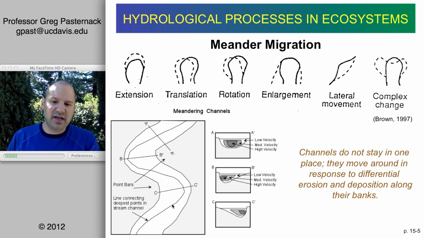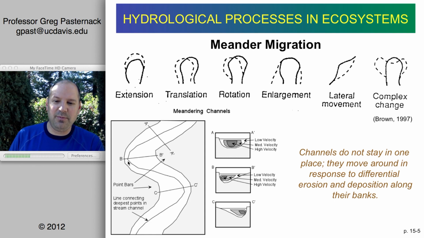Then the water tends to flow to the outer bank, and then it's flowing into the inner bank. And here we can see at these cross sections A, B, and C that where there's a straightaway, like at A to A prime, the highest velocity core, which is shown in dark gray, might be in the center of the channel. But here we're going from A to B to C, so the water's flowing down, but it doesn't really make too much difference.